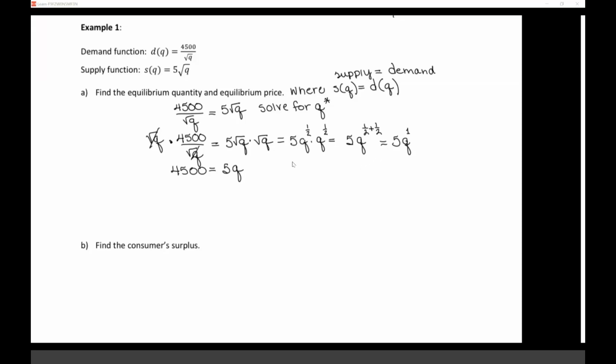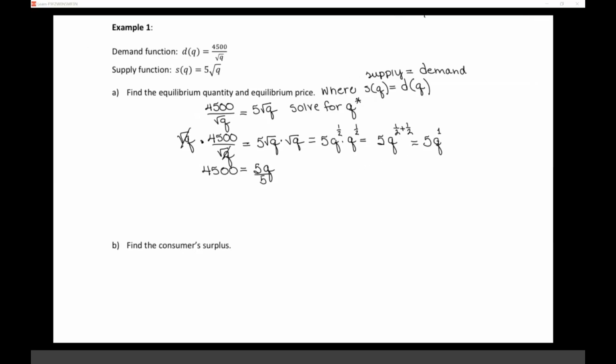All right, well, now I got a simple linear equation. The first thing I'm going to do is divide by 5. That's going to give me 900 equals Q. Okay, and that's Q star, my equilibrium quantity. They also asked me to find the equilibrium price.